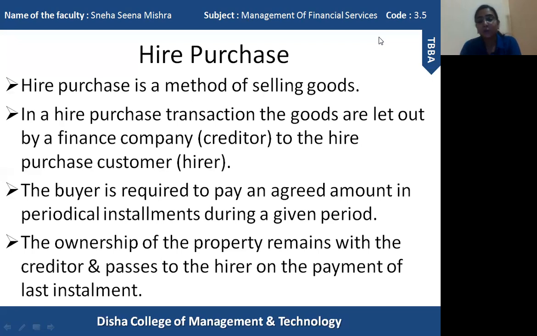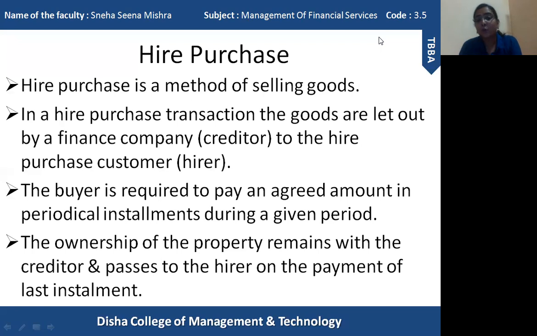All the installments must be paid within a specified time period, whether it is 1 year, 2 years, or 3 years. Each and every detail will be mentioned in the agreement. So installments are paid on a periodical basis within a particular time period.